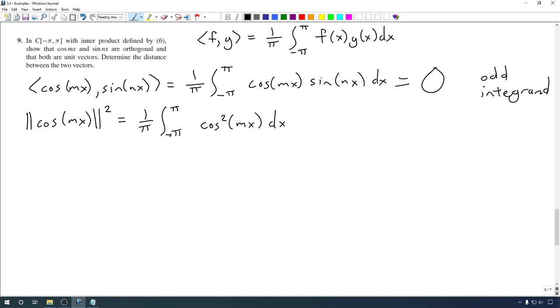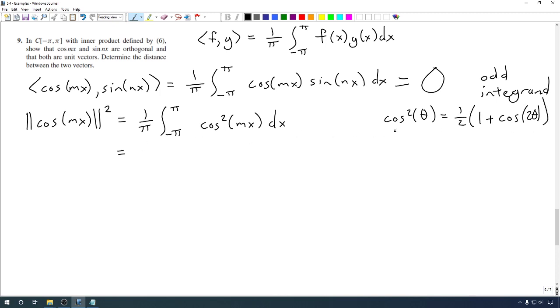And here's where we actually had to do some work. So, if you remember, how do we integrate a cosine squared? We use an identity. Cosine squared of theta is equal to 1/2 times 1 plus cosine of 2 theta.